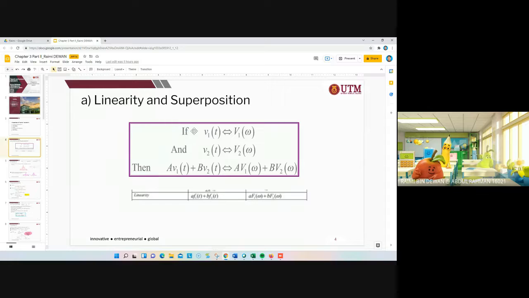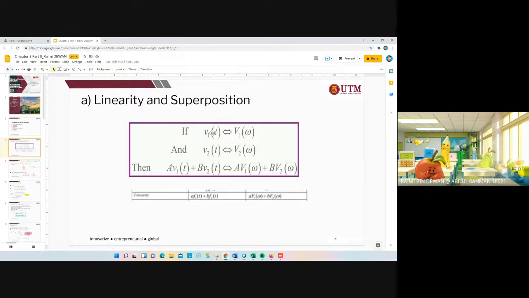The concept of linearity, as I told you last time in the in-class exercise, is that any similar change you have in your input, you will have that similar change in your output. Superposition is when the effect is superimposed, like a summation of those effects, combining.